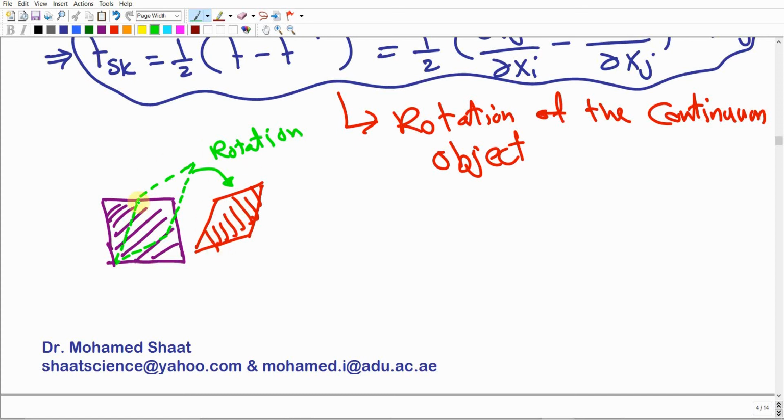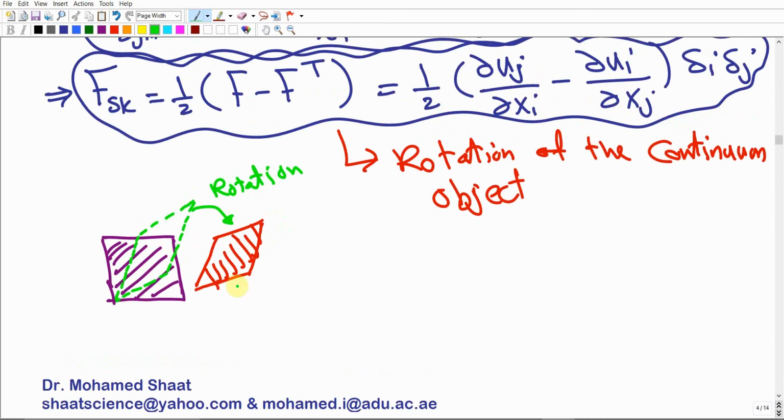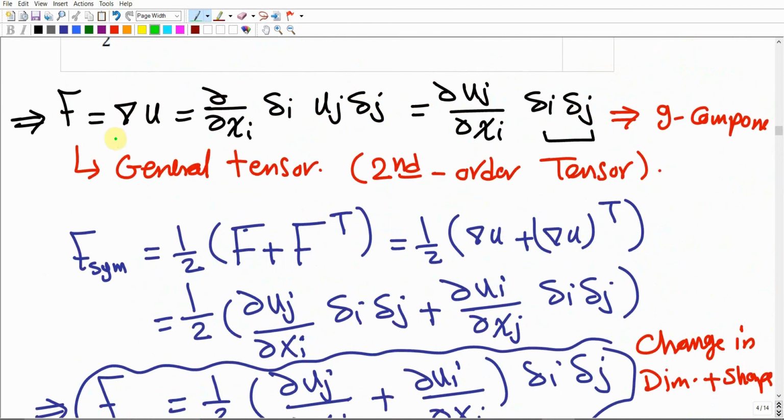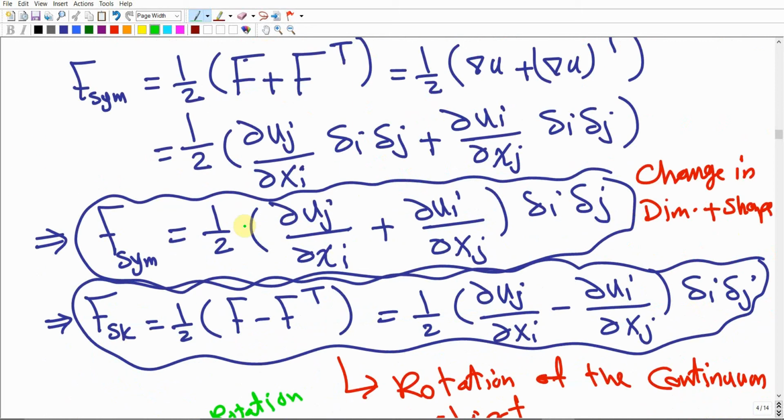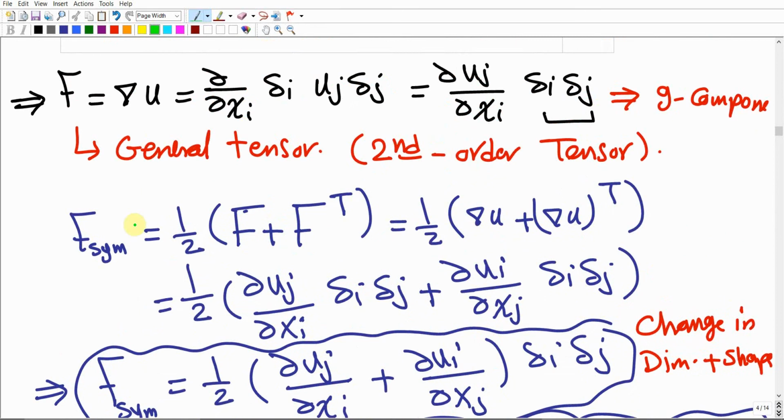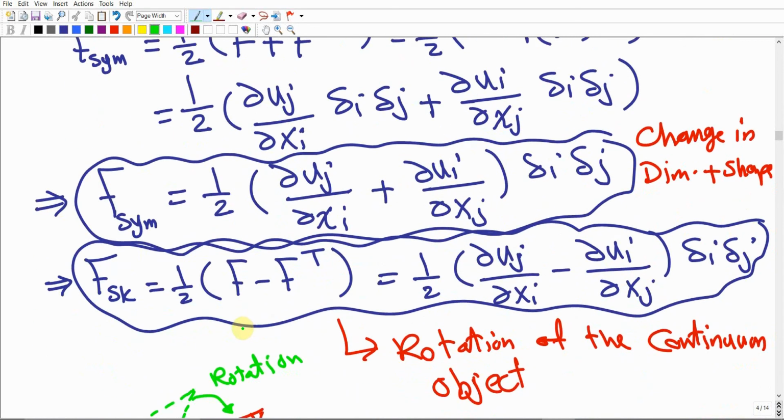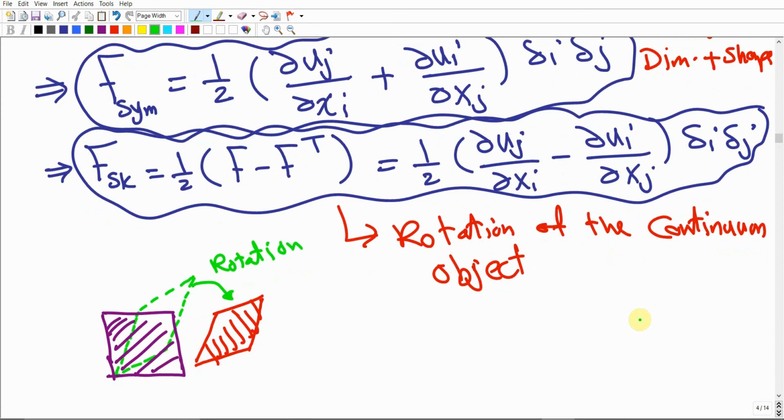The overall change in dimensions and shape and rotation can be described by the deformation tensor, which is a general tensor. If we split this tensor into two parts, one symmetric, the other skew symmetric, this gives us the change in dimension and shape and the object rotation, how this object is going to rotate.